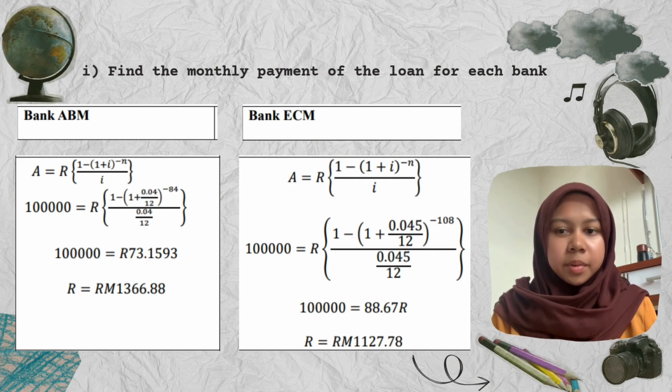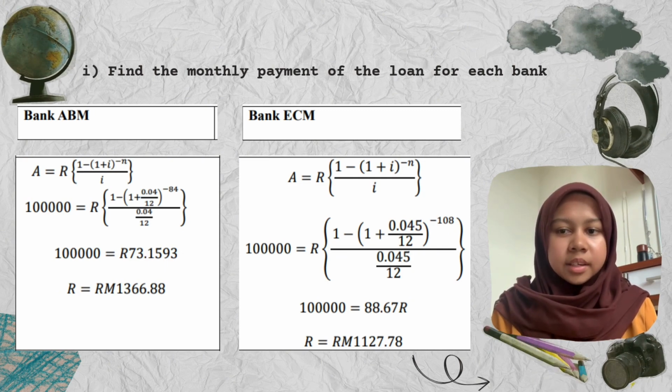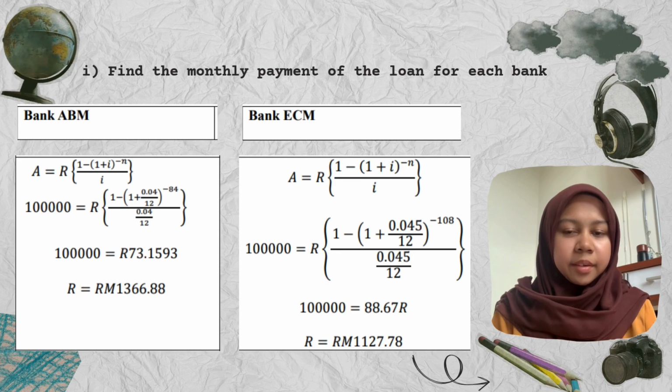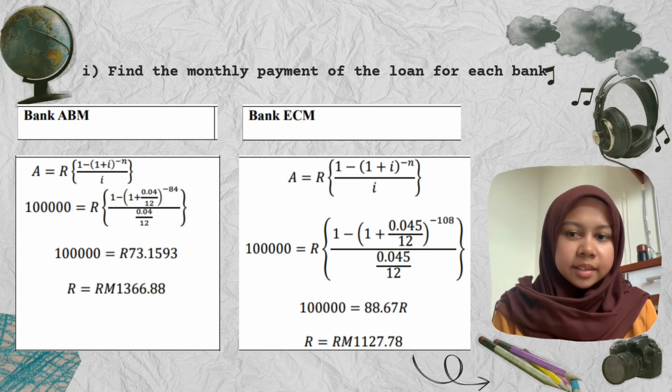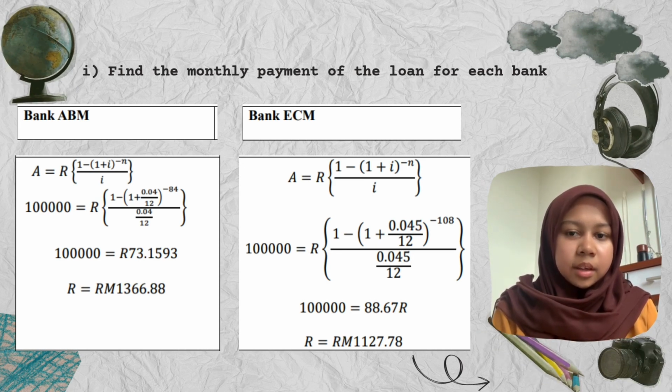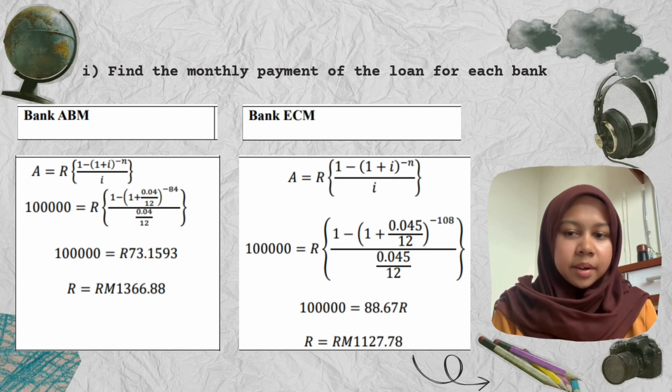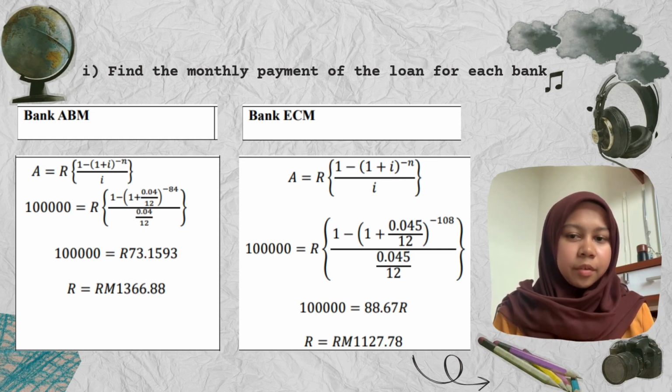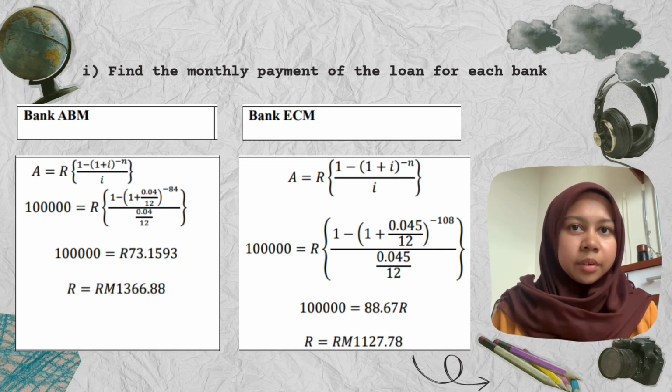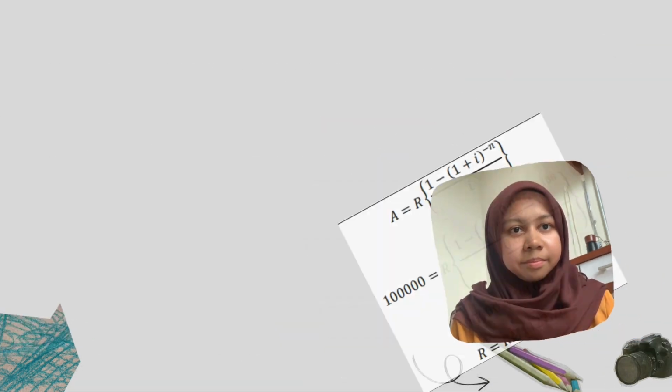Next is the monthly payment for Bank ECM. The I is equal to 0.045 over 12 and the N is equal to 108. We'll use the same formula, and we'll get the answer R equal to 1127.78.